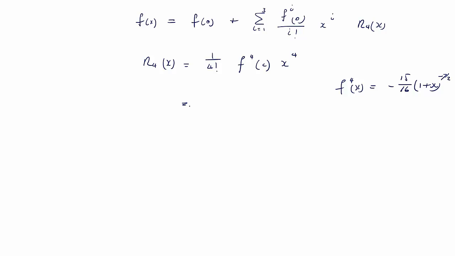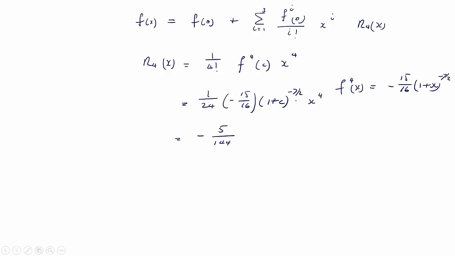So R4 will be, well, 4 factorial is 4 by 3 by 2 by 1, that's 1 on 24, times -15/16 times (1 + c)^(-7/2) times x to the 4th. If we simplify the first bit, that's equal to -5/144.